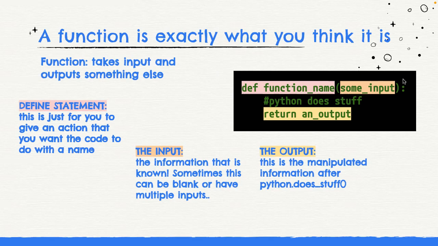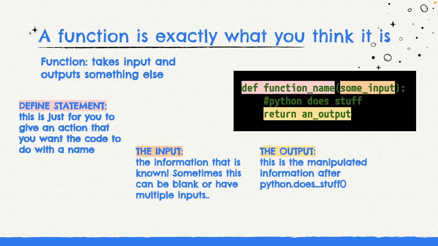The next part is the inputs, which you put in parentheses. It's whatever you want to input into the function. Again, with the circle area, you would input the radius. These are things you typically know, or should know, otherwise you can't really use the function. Then inside the function, you do what you want the function to do.